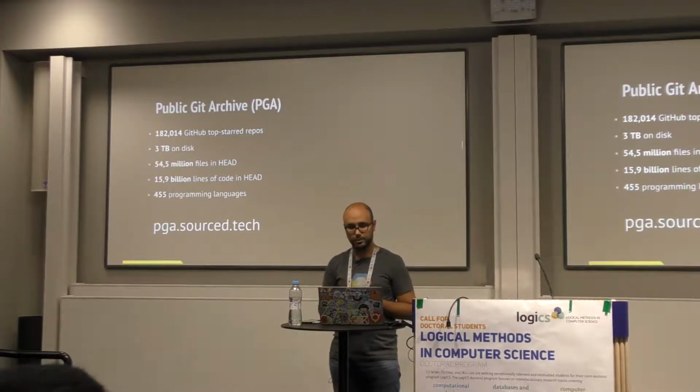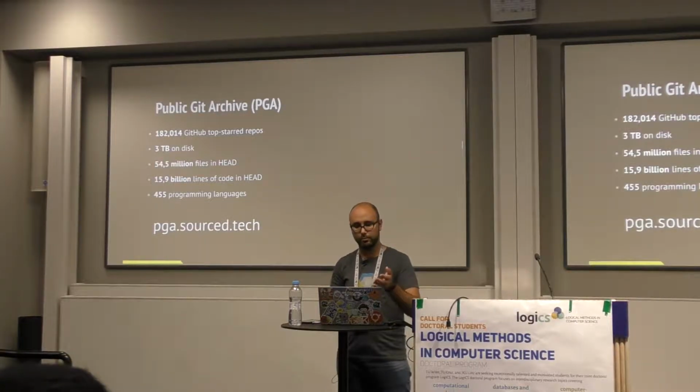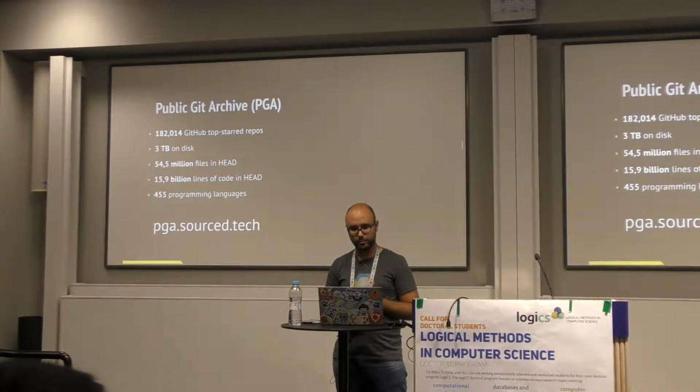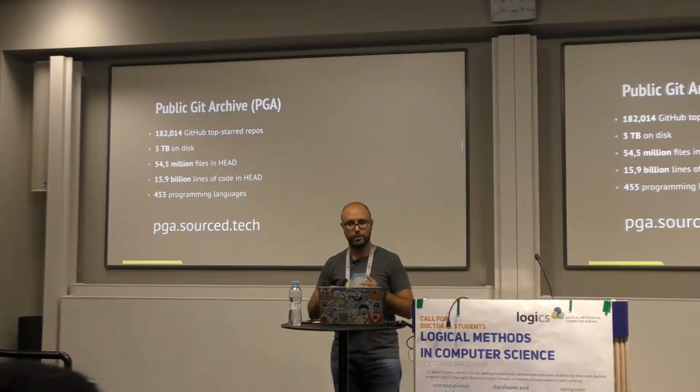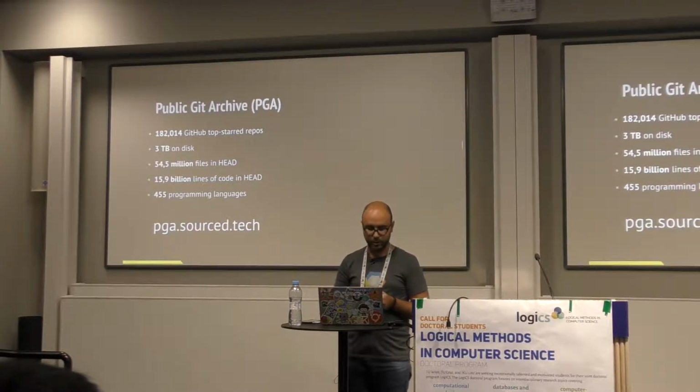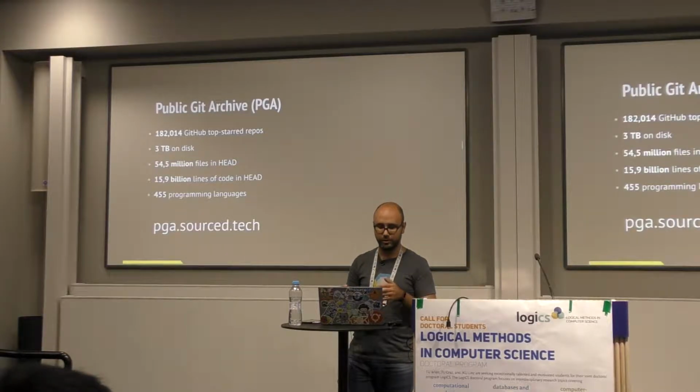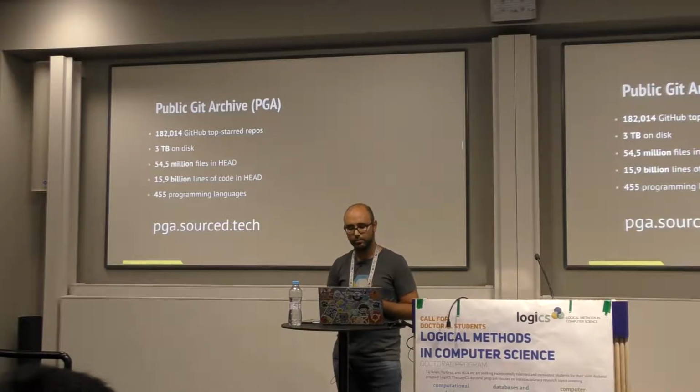And actually, it's just a single fraction of what we have on GitHub. We are able to release a bigger data set, but it would be even harder to process. So we decided to just fix on this 182,000. Why this number? Because we picked all repositories which have at least 50 stars on GitHub.